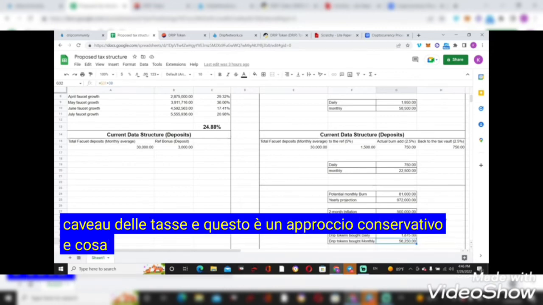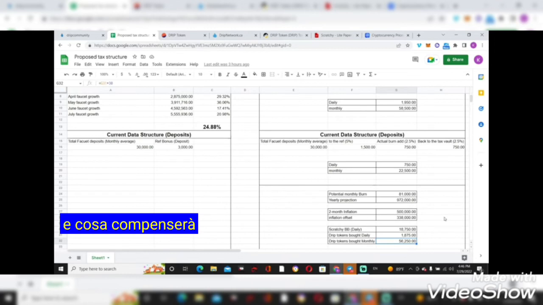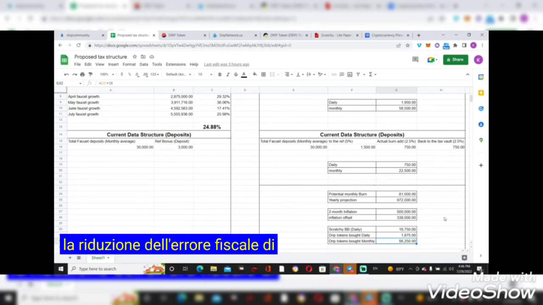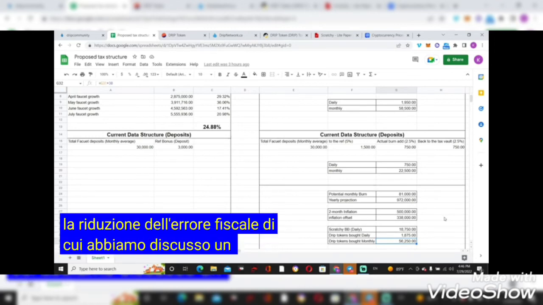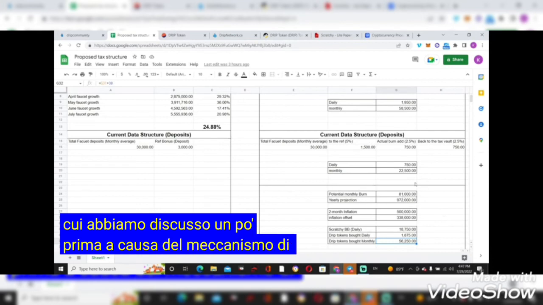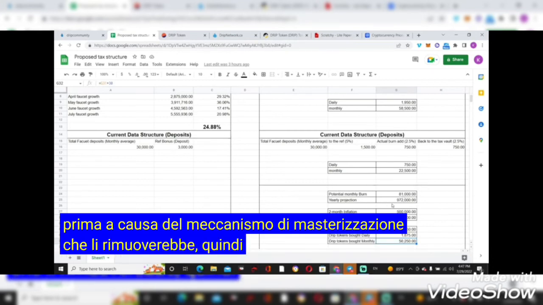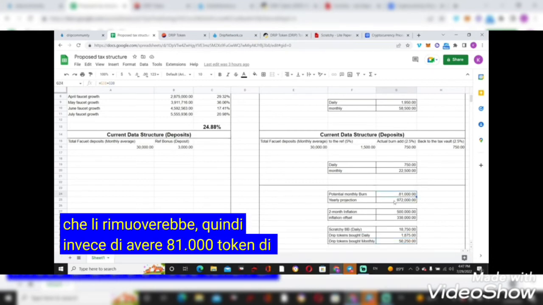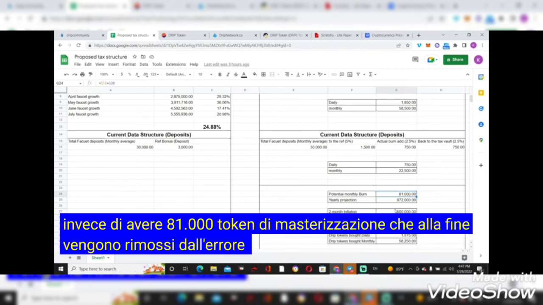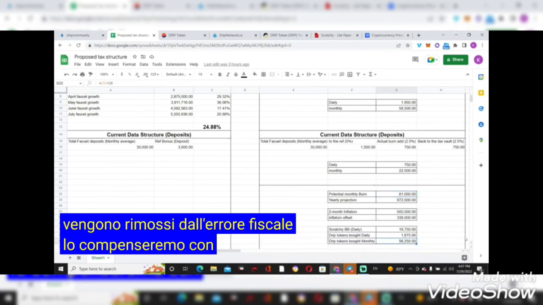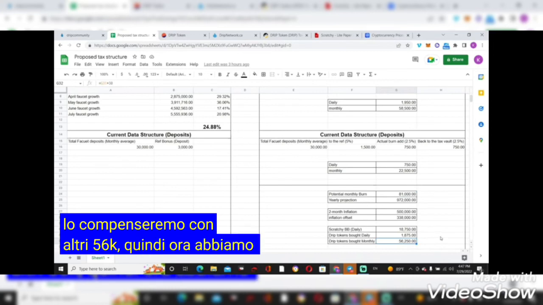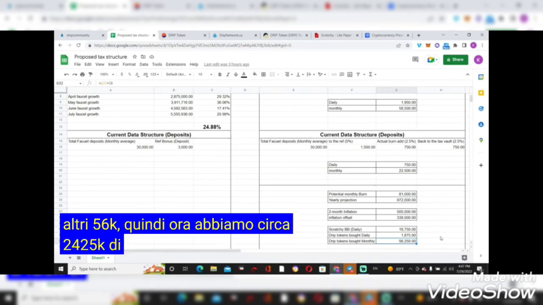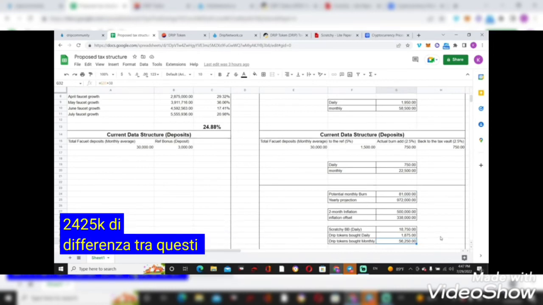And what will that do? Offset the tax vault reduction that we discussed a bit earlier because of the burning mechanism that would remove those. So instead of having 81k burned tokens that are removed from the tax vault, eventually we're going to offset that with another 56k. So now we have about a 25k difference between these two.